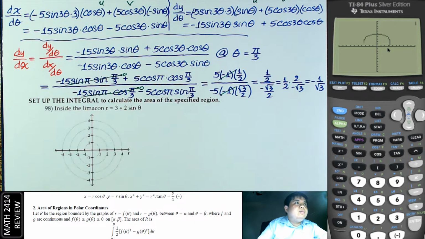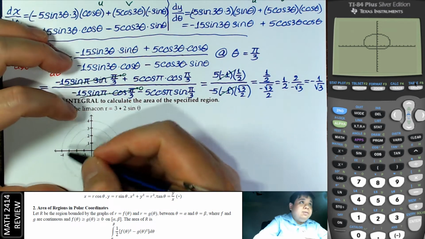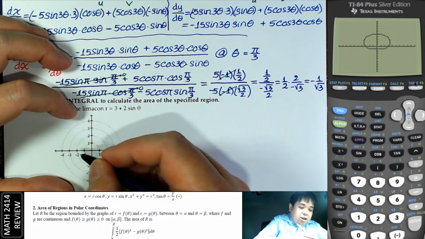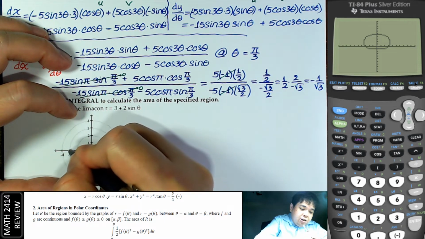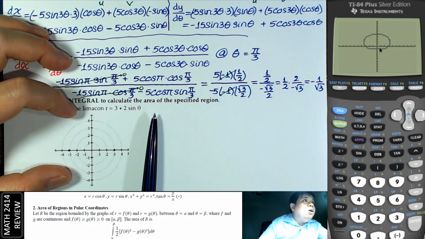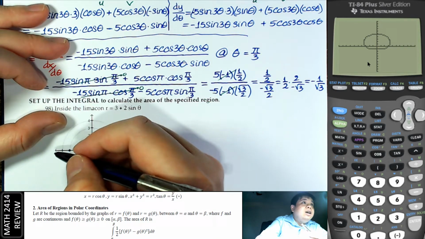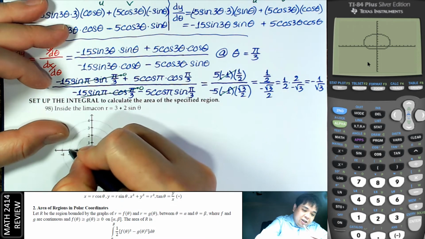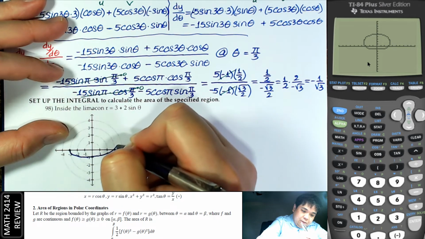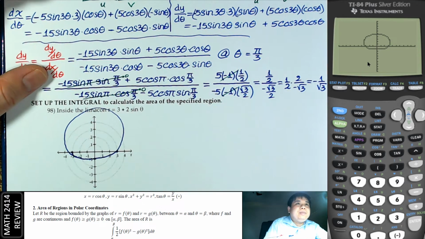Alright. So it's like that. I'll just draw the sketch here. Let's see. 1, 2, 3, 4, 5, 6. Well, it's way up there. Kind of like that. Right.